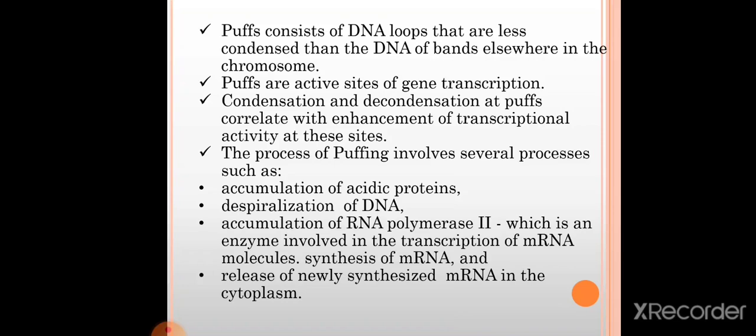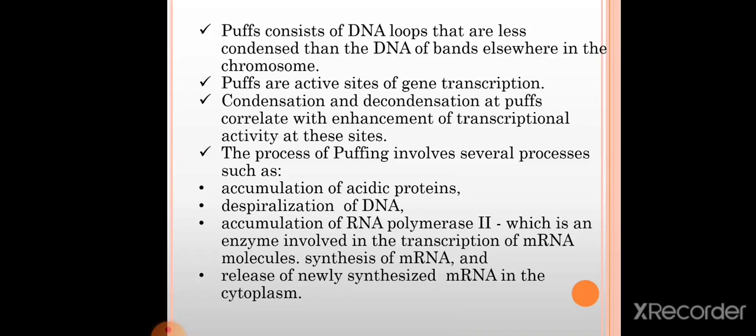Now, let us learn what these puffs are made up of and what the importance of these puffs is. Puffs consist of DNA loops that are less condensed than the DNA of bands elsewhere in the chromosome. The puffs are active sites of gene transcription. The condensation and decondensation at puffs correlate with enhancement of transcriptional activity at these sites.